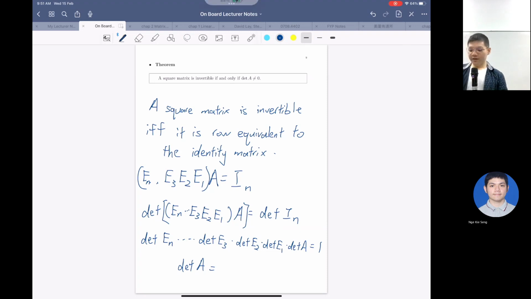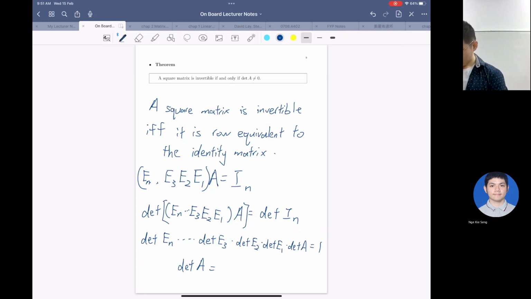What are the possibilities of the determinant of E_i? Either it is 1, or it is some scale R, or it is -1. So it is just plus or minus some non-zero number.